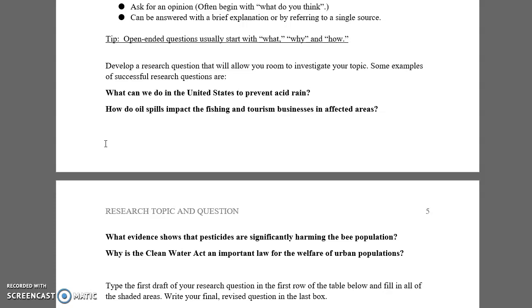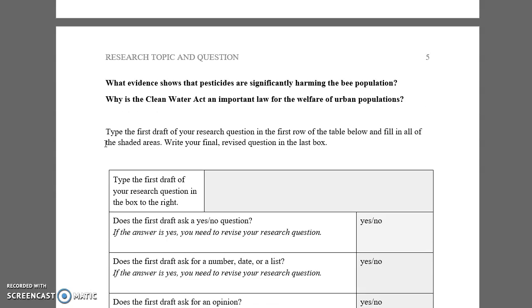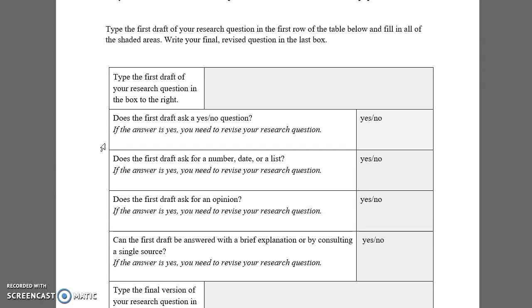That first part, what evidence shows, helps eliminate a lot of your opinion-based questions. So that's something to keep in mind. If I say this is an opinion question, you might want to go back to that, what evidence shows. That may not make sense now, but it will later.